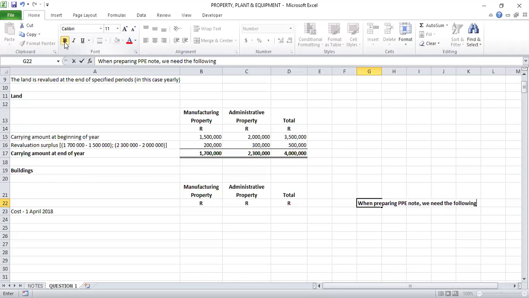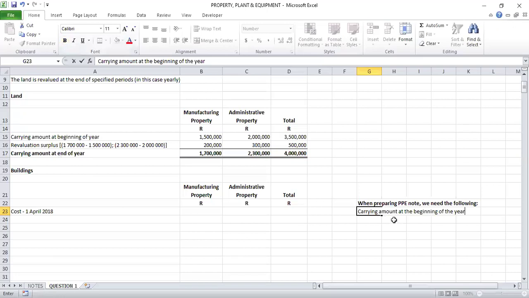Right, we need the following. We need the carrying amount at the beginning of the year. So, although the other building was bought in 2015, I'm only interested in the carrying amount at the beginning of the year. And what is carrying amount?